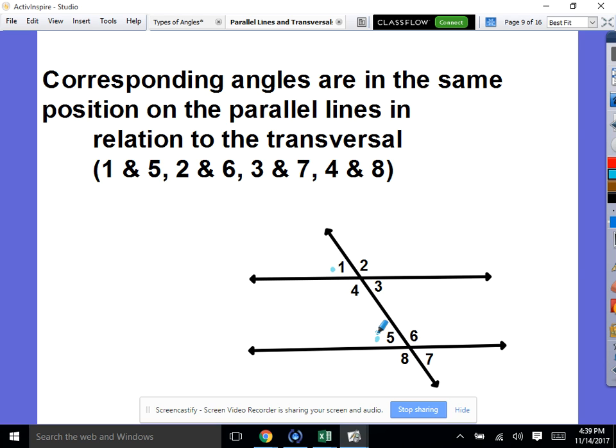So 1 and 5 are corresponding angles. 4 and 8, because both of those are below the line and to the left of the transversal. 2 and 6 are corresponding angles because both are above the line and to the right of the transversal. And 3 and 7 are corresponding angles because both are below the line and to the right of the transversal.